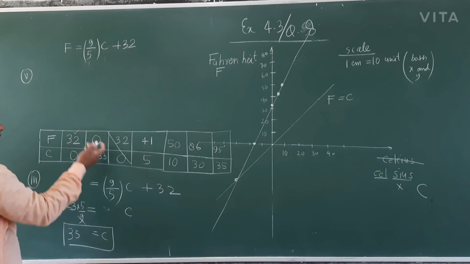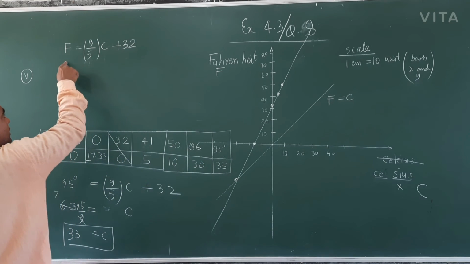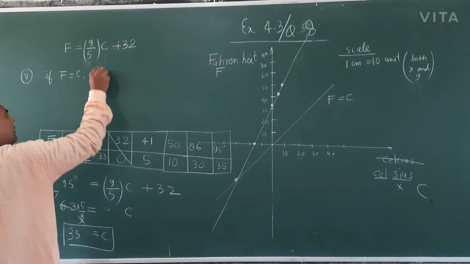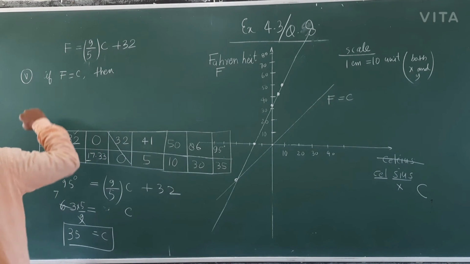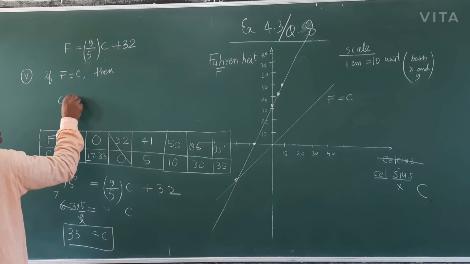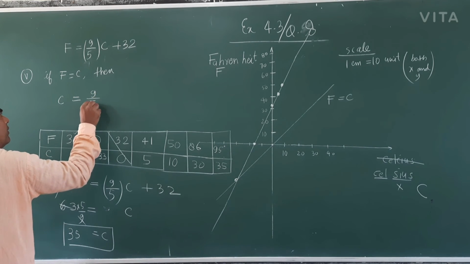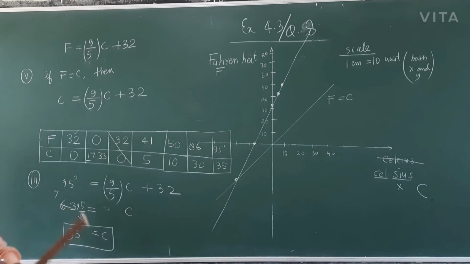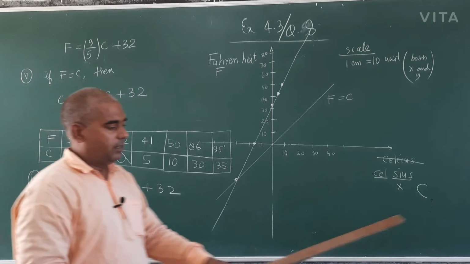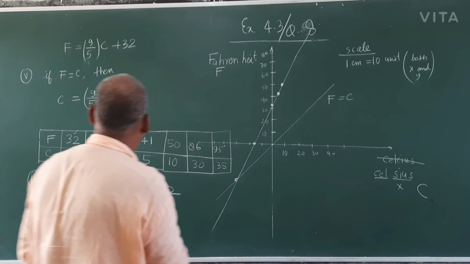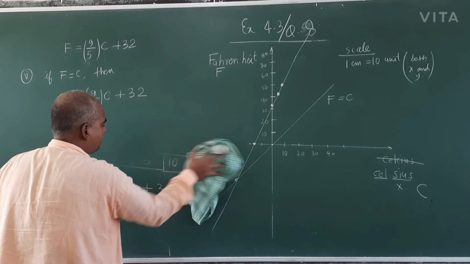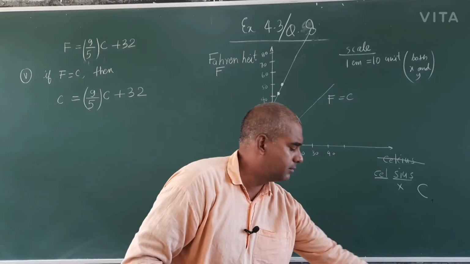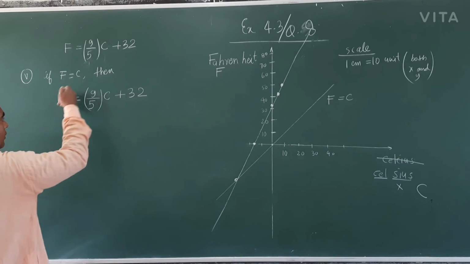This was by practical, and this is by solving. So if F is equal to C, place this in the equation. Let me write here C is equal to 9/5 times C plus 32. It's a very good question. Now solve.